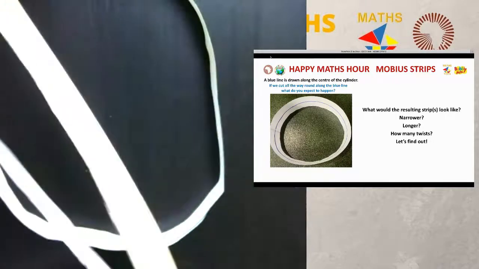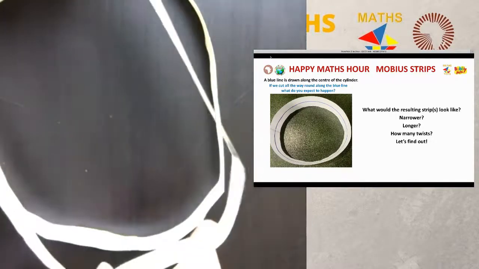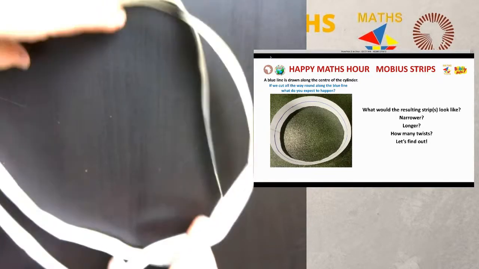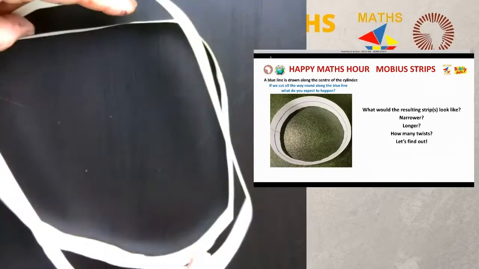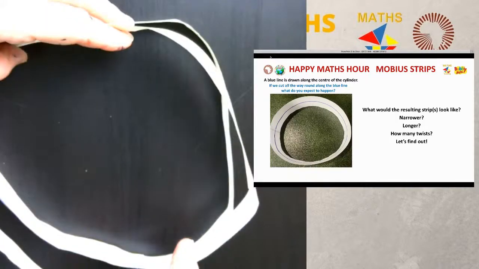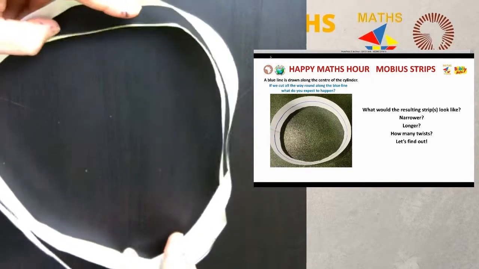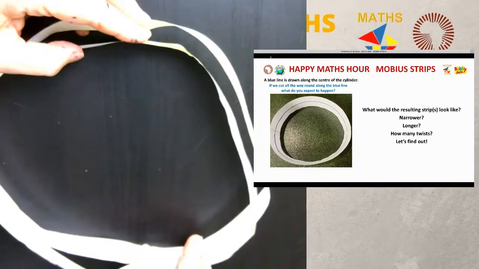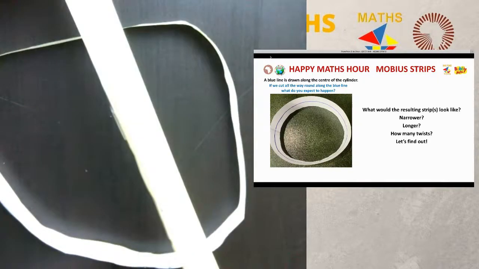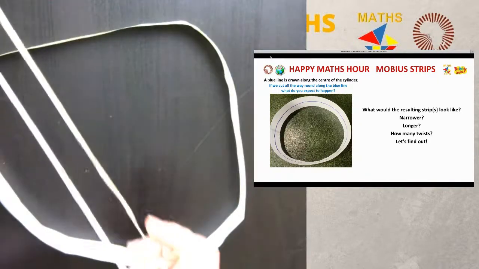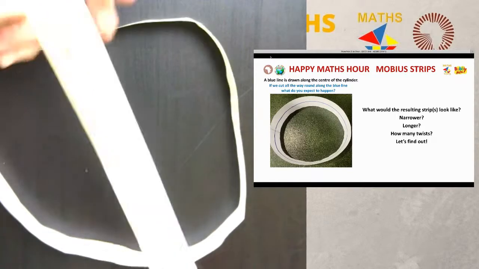Will they be twisted? Oh, you seem to have two cylinders. I'd have two cylinders that are half the height of the one we started with. No twists at all. So that's what happens with a cylinder.